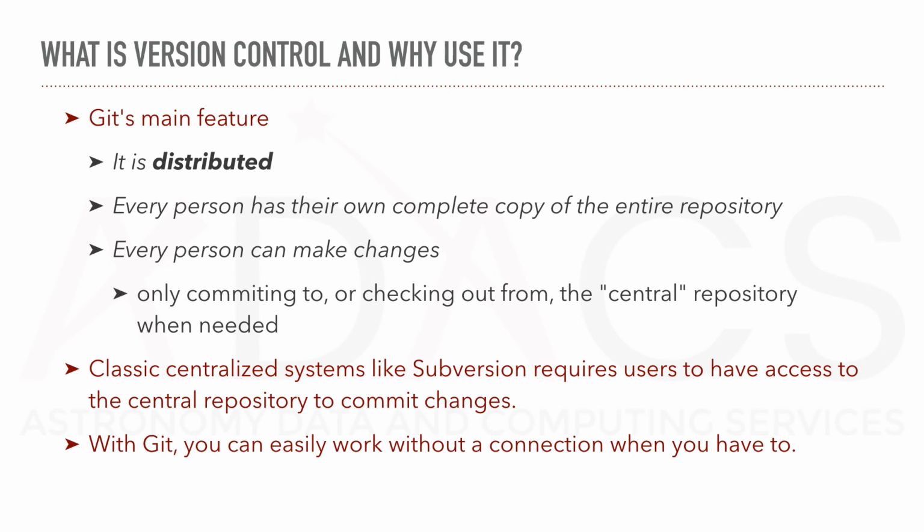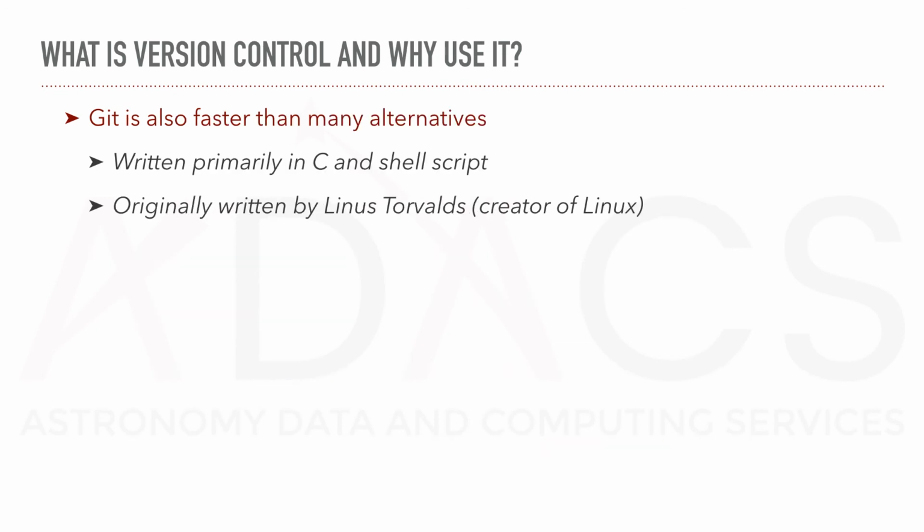Classic centralized systems like Subversion require users to have access to the central repository to commit changes. With Git, you can easily work locally without a connection to the outside world if you have to. It is also a fast solution written primarily in C and shell scripts and was originally written by Linus Torvalds, the creator of Linux.